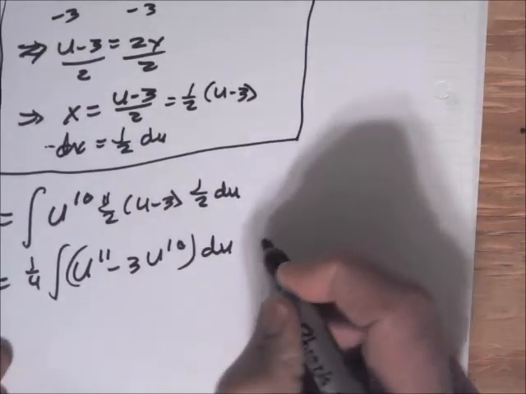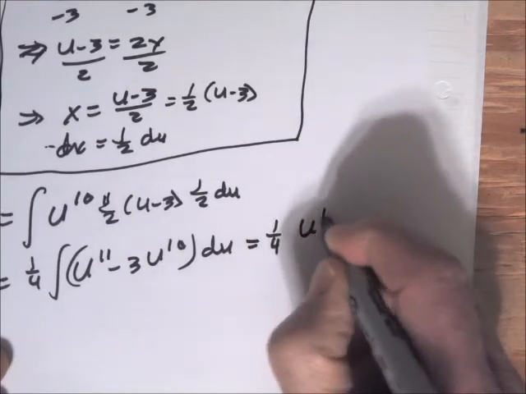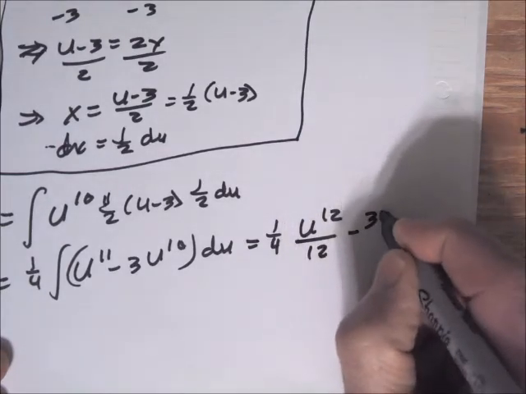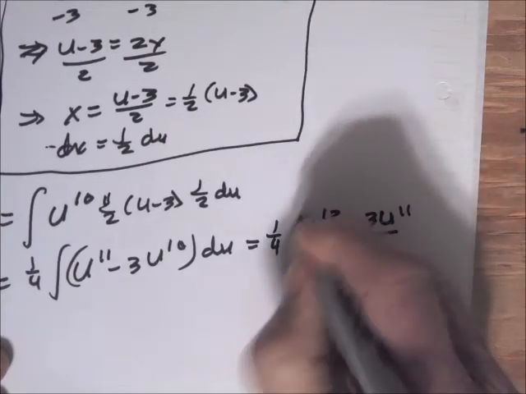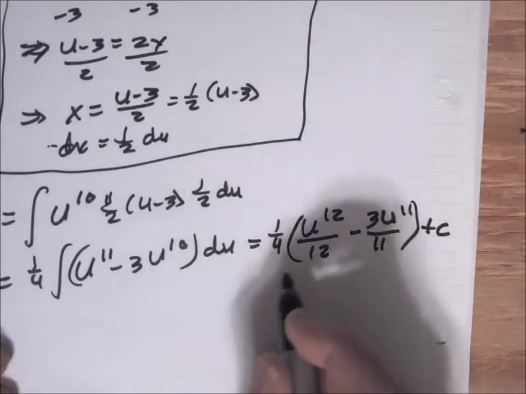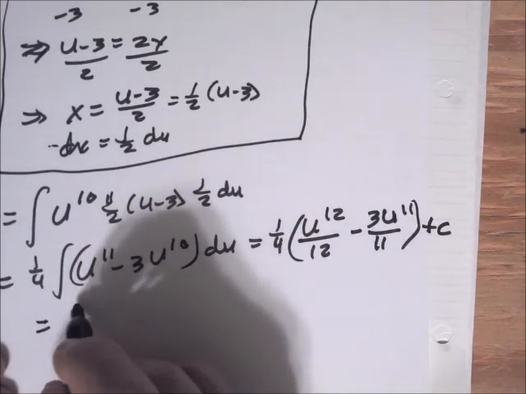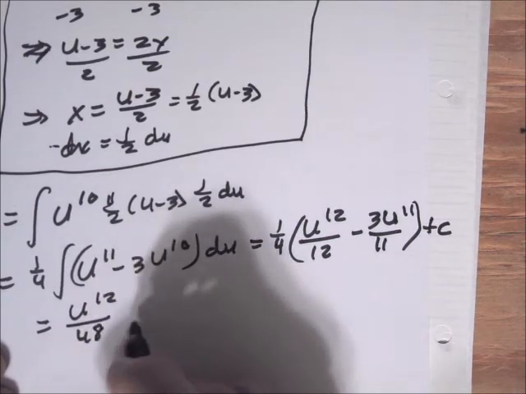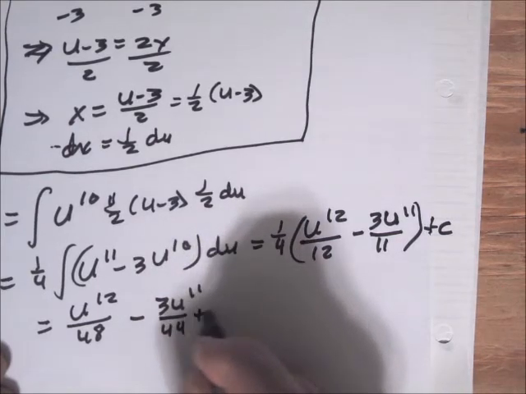So this is going to be 1/4 times u to the 12th over 12 minus 3 u to the 11th over 11 plus a constant. And if we distribute the 1/4, this will give us u to the 12th over 48 minus 3 u to the 11th over 44 plus a constant.